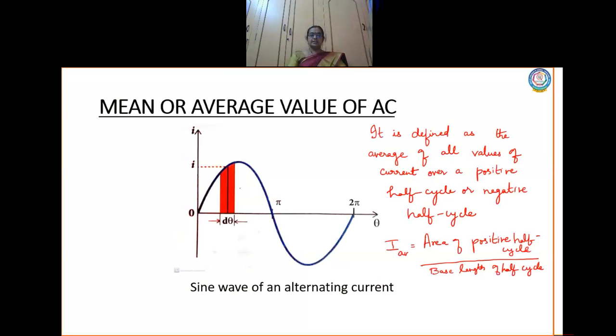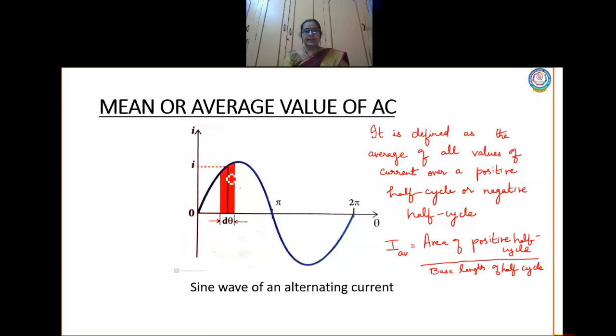To find that, I'm going to take a small elementary strip. Now I have taken a small area of this first positive half cycle. Since it is the angle along the x-axis, I will take a small angle called d theta, from this position to this position.